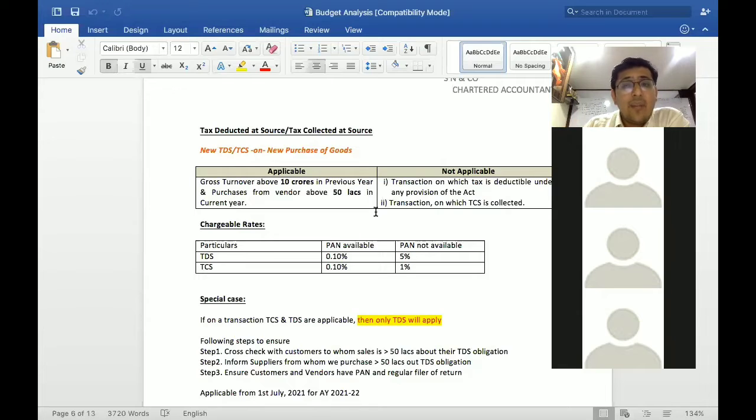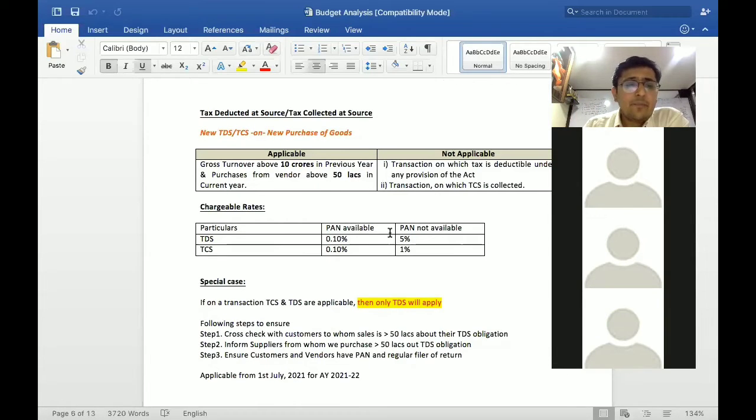Okay. Now let's suppose a case where both are applicable. TDS is applicable on the buyer, and at the same time the TCS introduced last year is also applicable on the seller. In that case, what should happen? The law says that the buyer is supposed to deduct TDS and the seller is not supposed to collect TCS.